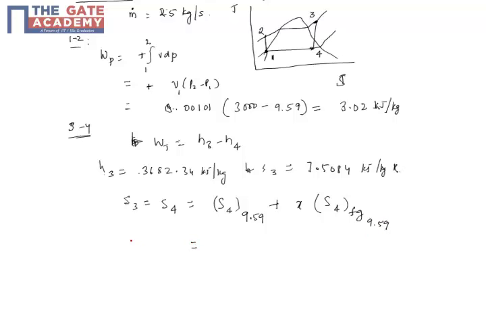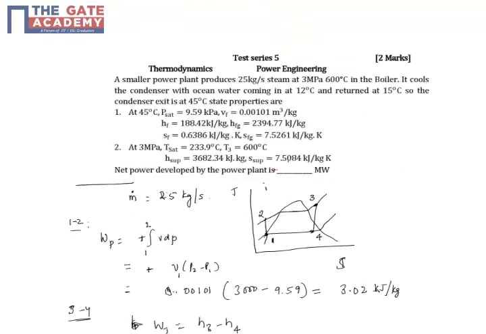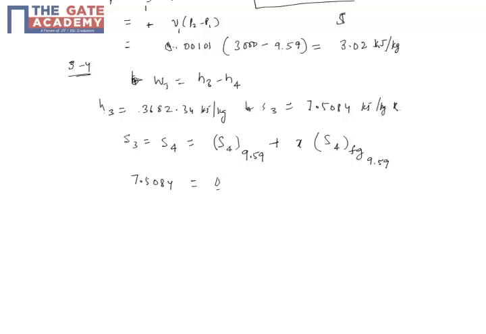Entropy is the same in a reversible adiabatic expansion, so 7.5084 equals 0.6386 plus the dryness fraction times 7.5261.